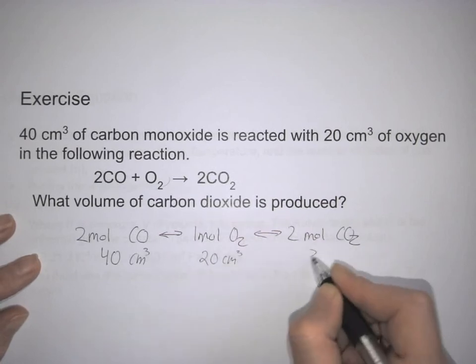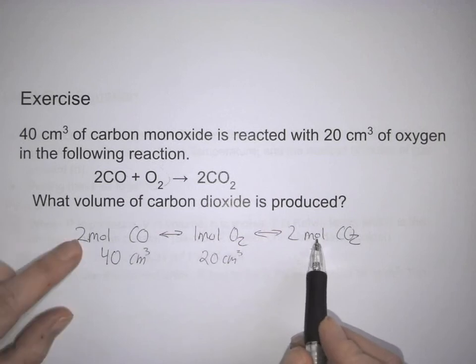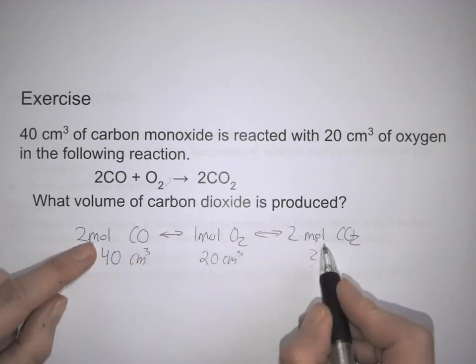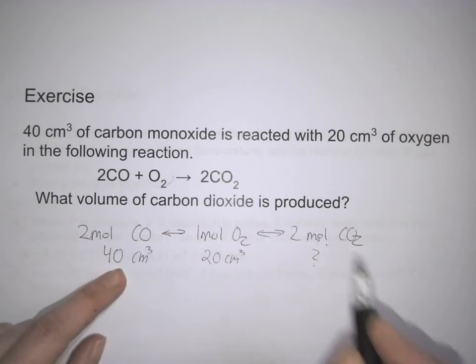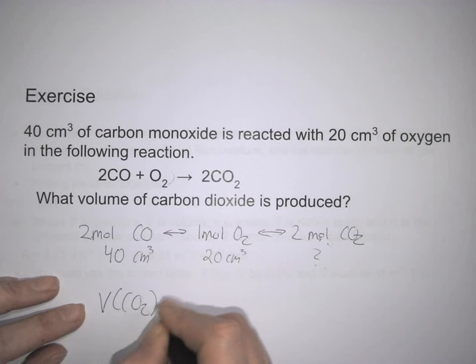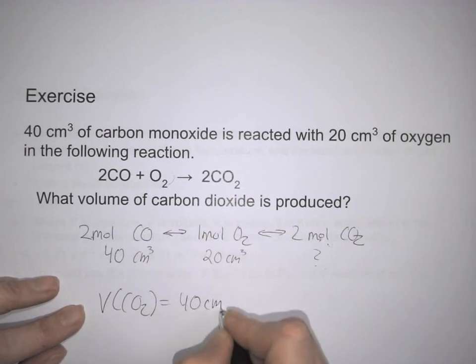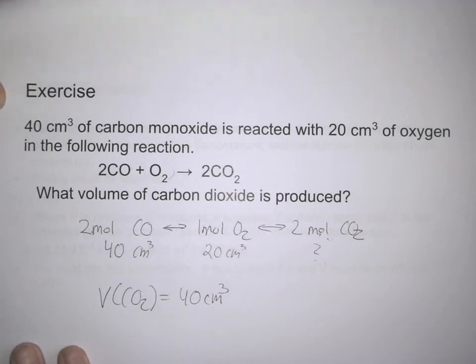We want to know this one. Well, we have a 2-to-2 relationship between these two, or a 1-to-1, so we have the same mole ratio between these two. It means that if we have 40 of this, we have 40 of this. So the volume for CO2 is also 40 cubic centimeter. So this is Avogadro's law.